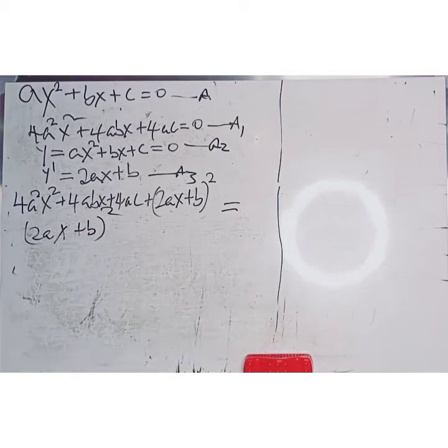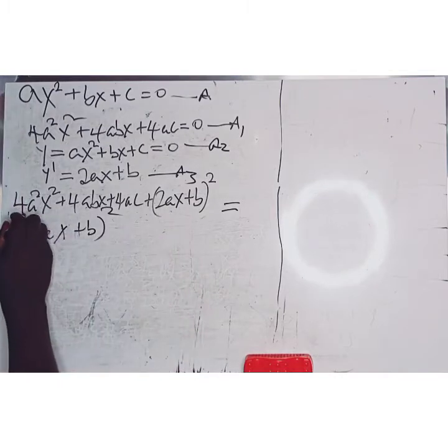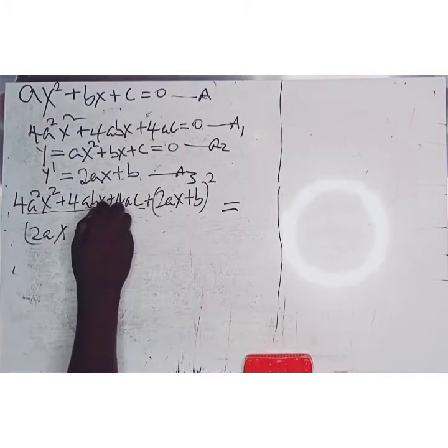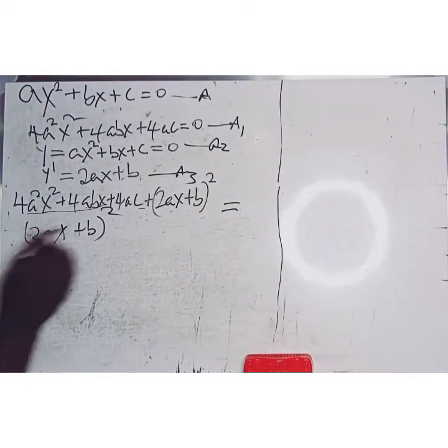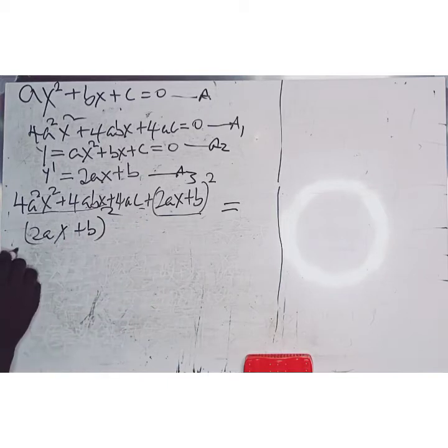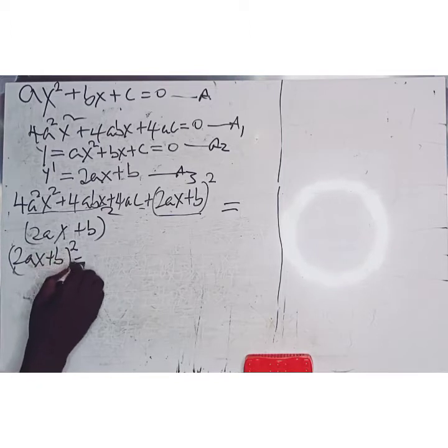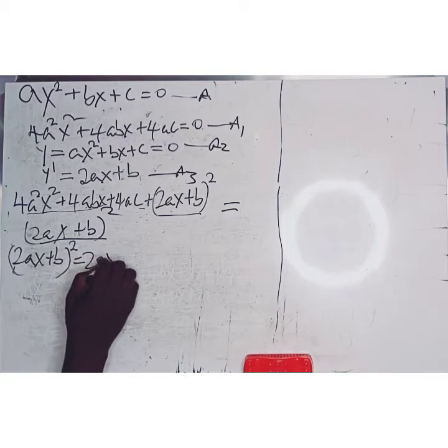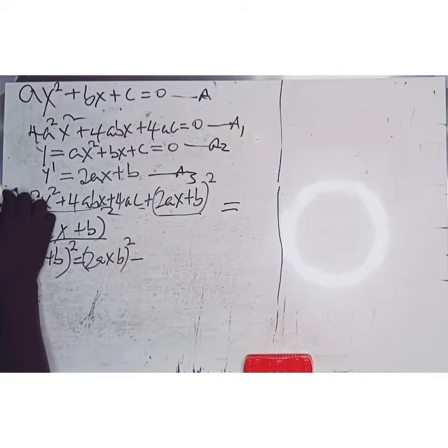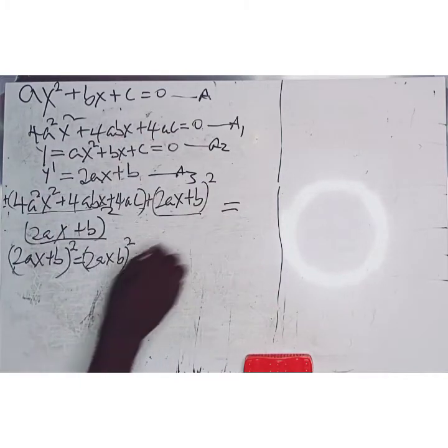So I will make this the subject of the formula by transposing this trinomial to the left hand side. Doing that, I have 2ax plus b all raised to power 2 equal to the right hand side, which is 2ax plus b all squared, then minus, because you are taking this to the left hand side, so the plus sign crossing over will change to minus.